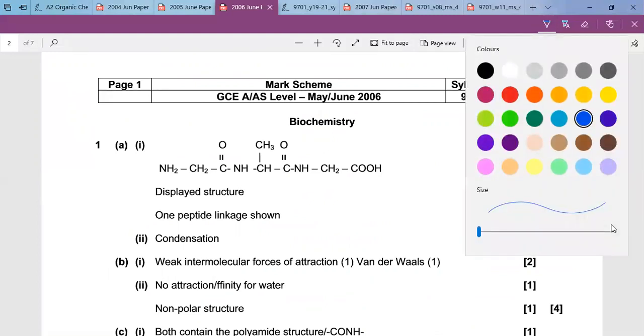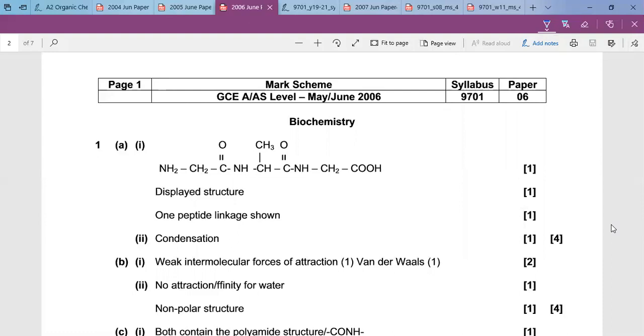So now remember, glycine. You do two here.